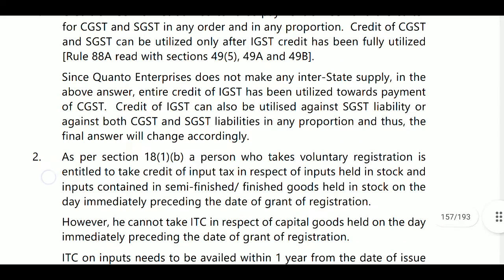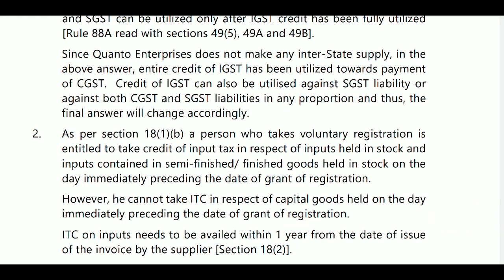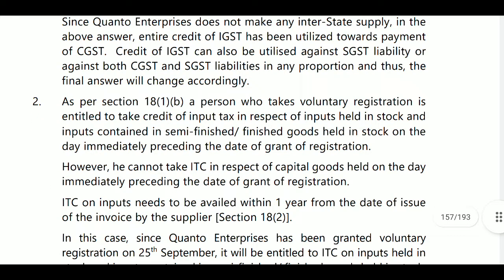Since Quantama Enterprise does not make any interstate supplies, in the above answer the entire credit of IGST has been utilized towards payment of CGST. Credit of IGST can also be utilized against SGST liability, or against both CGST and SGST in any proportion, and the final answer will change accordingly. You can use any proportion, they will allow. So the answer will change, but the liability will be the same.